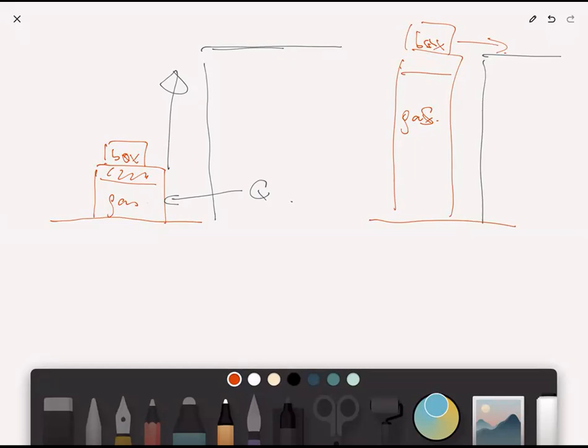Then what next? You need to return the piston back to the original point. Now, how would you do that? You need to remove the internal energy of the gas by cooling it down, as well as releasing some of the work done.